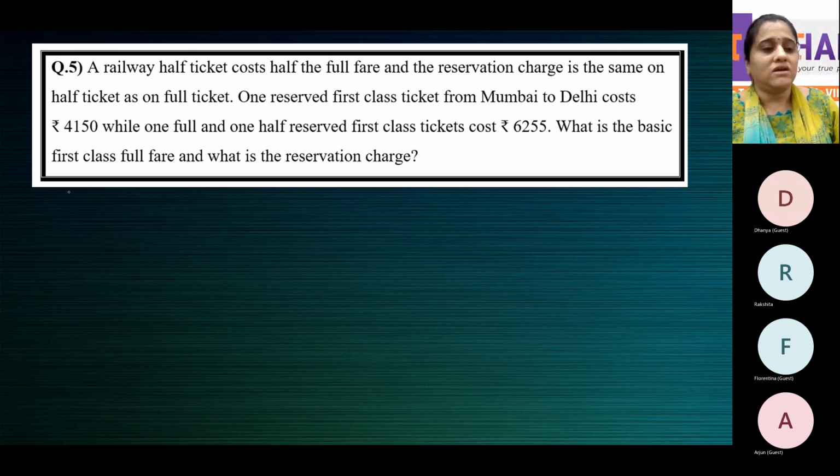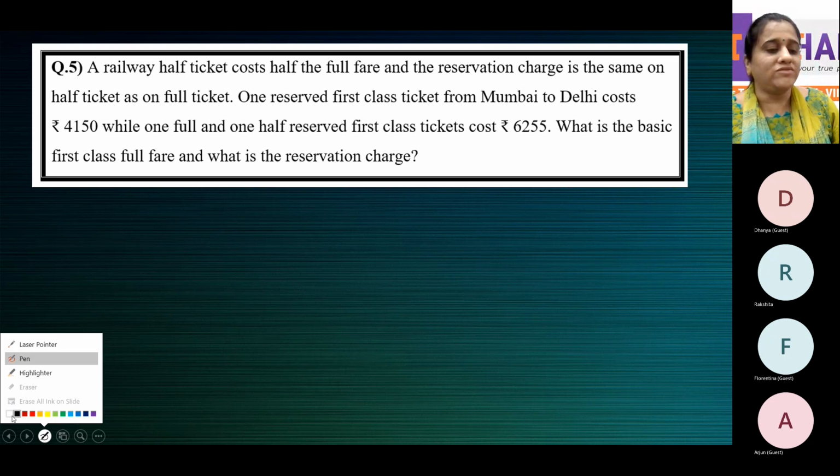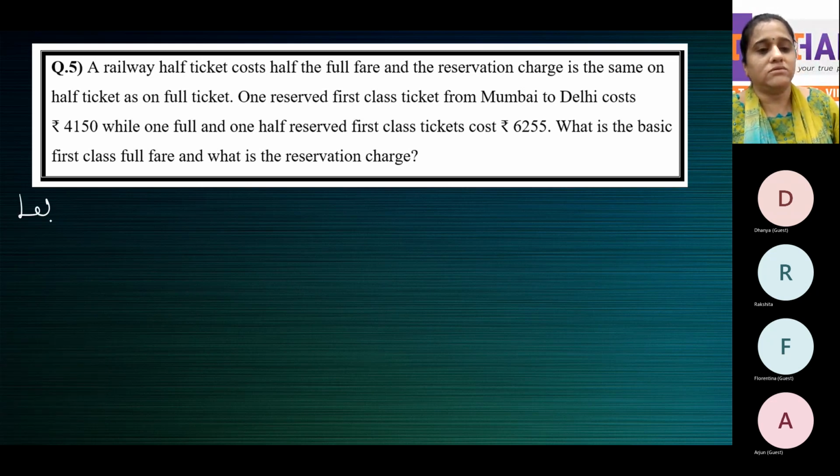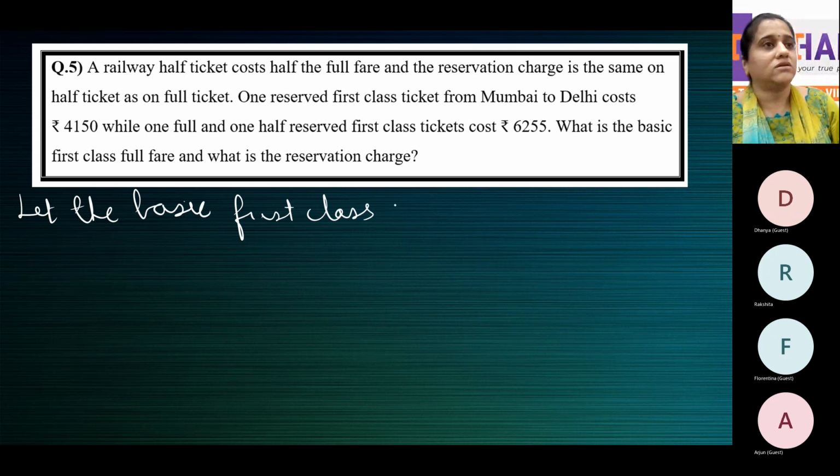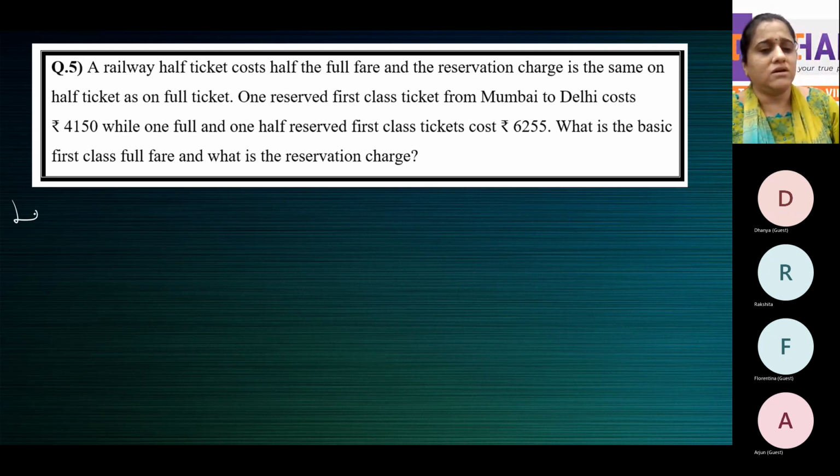Okay, so what is it? How will you assume? Let the basic first class full fare, or you can write in your own words, one minute. You can even take the reservation charges X if you want.